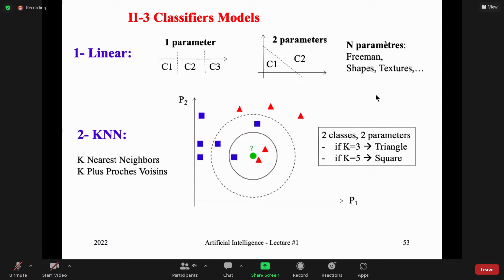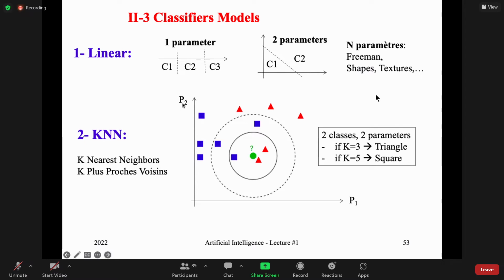In this example, we want to recognize if it's a square, the blue part here, or a triangle, the red part here. Here we have two parameters, P2 and P1.